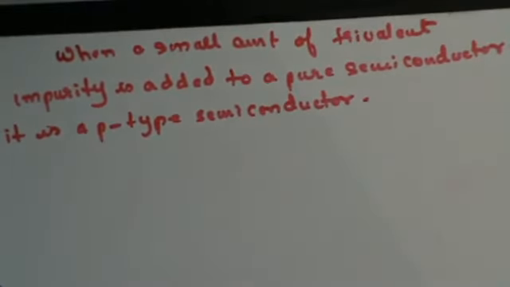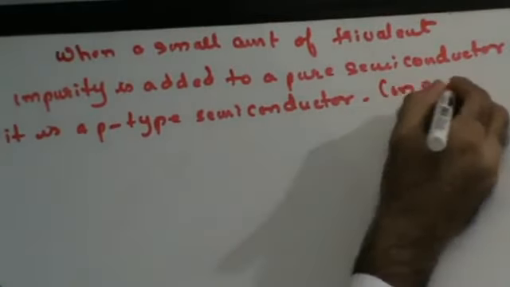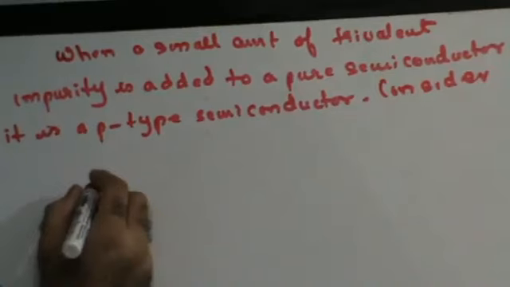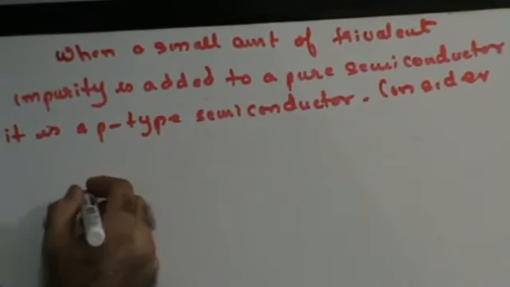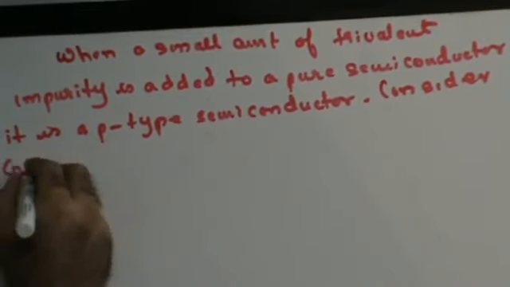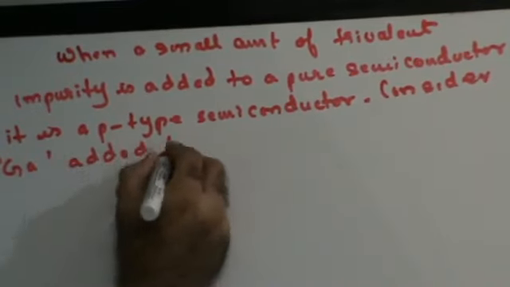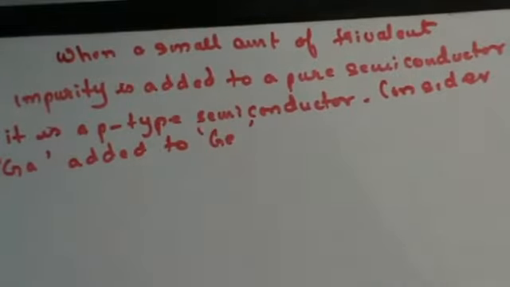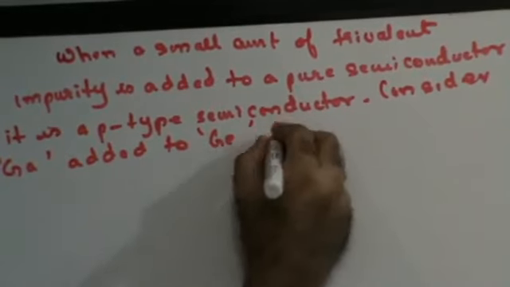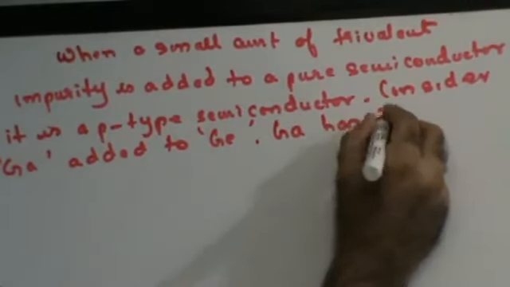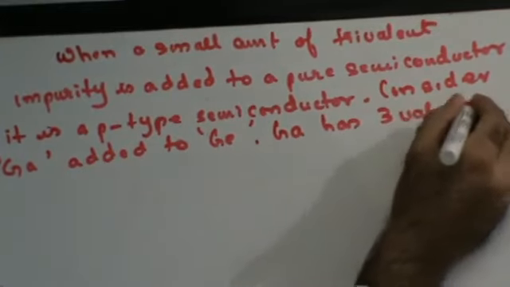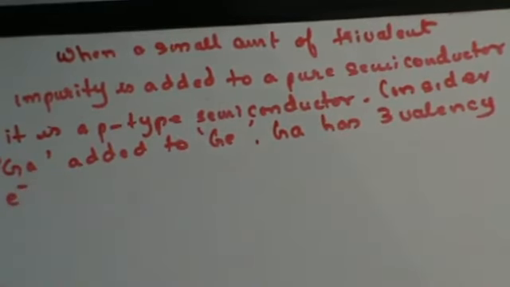Now, what we are going to do is consider gallium added to germanium. Gallium has 3 valency electrons, right?